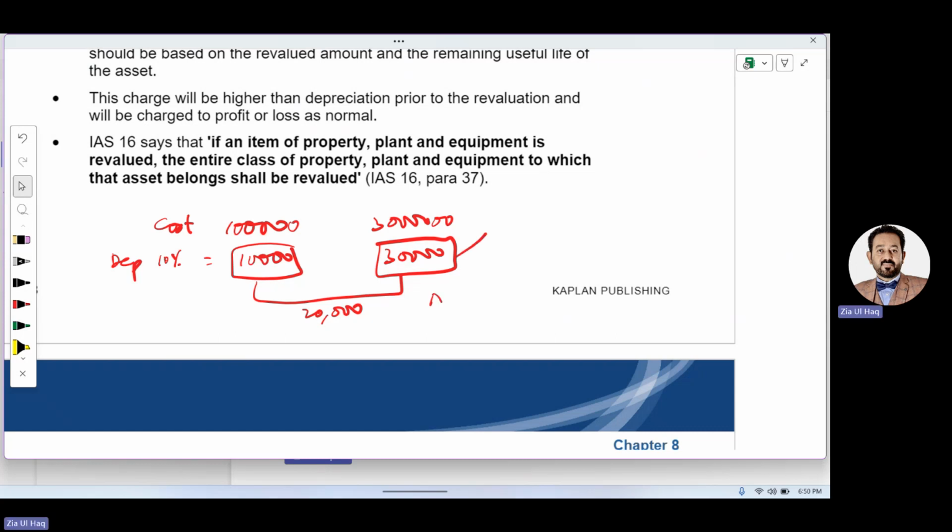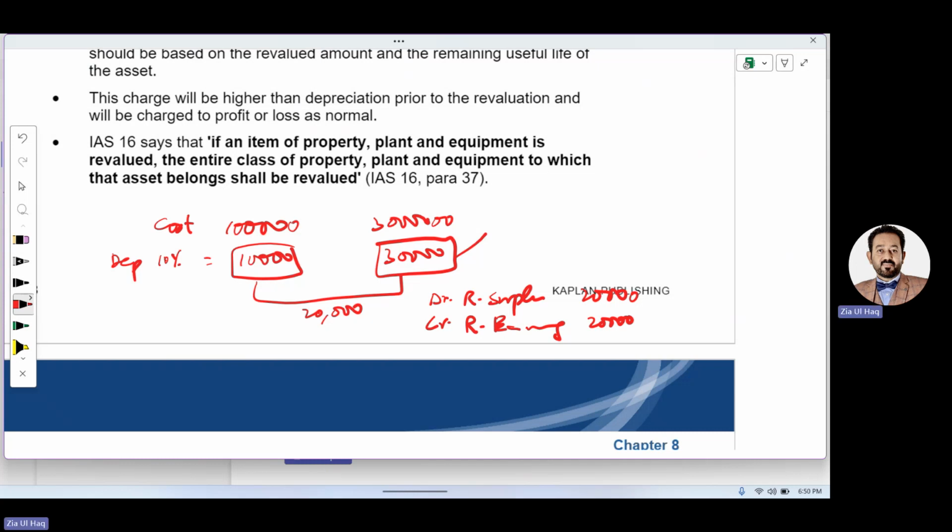First, we now charge that, and we credit retained earnings.